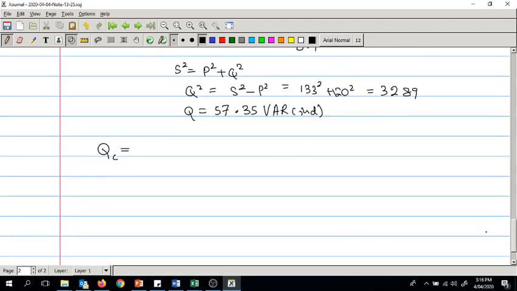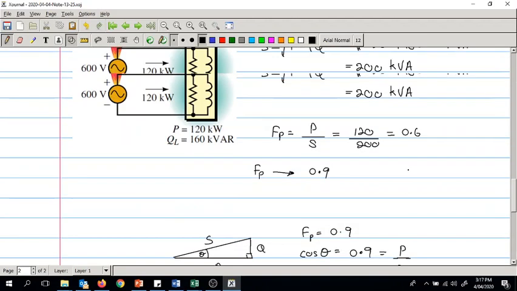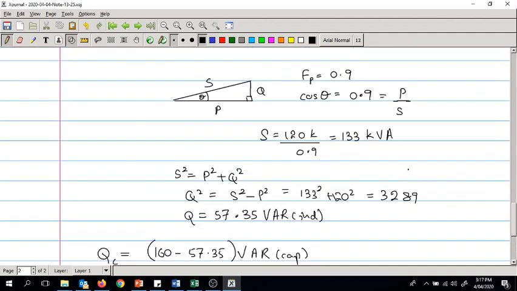The previous Q is 160, right? 160 minus 57.35, so you have to add a capacitor that has 102.65, approximately 103 VAR capacitive reactive power.